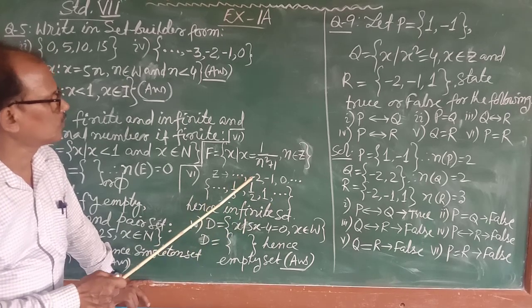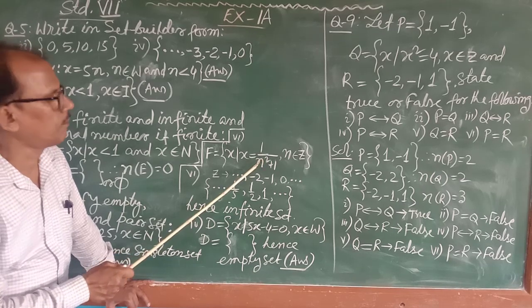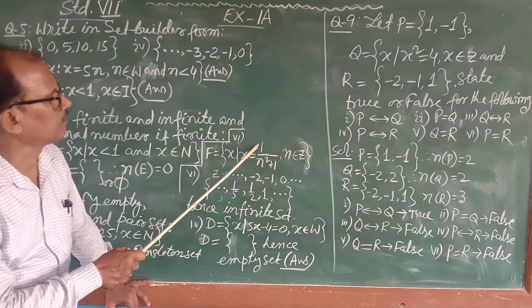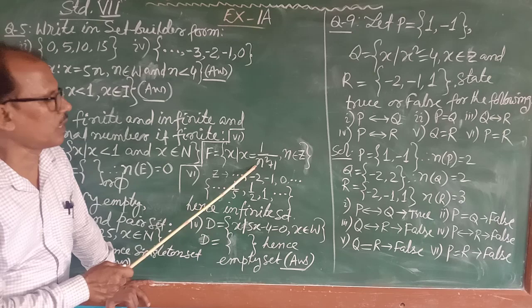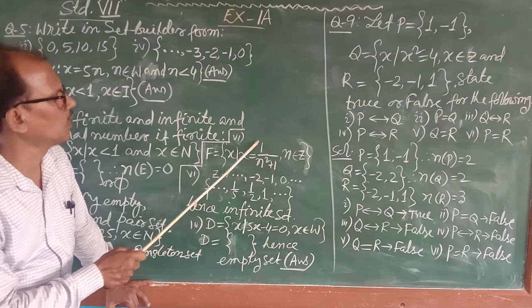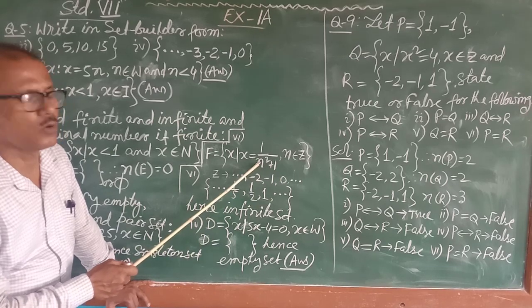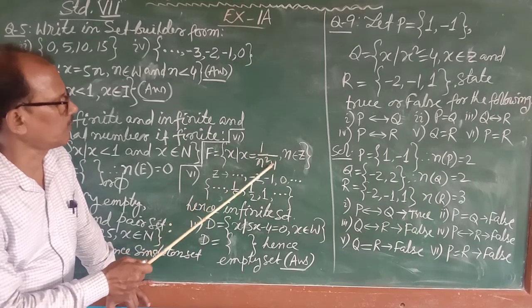If you put minus 2, minus 2 square is 4, minus 2 into minus 2 is 4, 4 plus 1 is 5. So the denominator will be 5 and the numerator will be 1, so 1 by 5. You put minus 1, square is 1, plus 1 is 2, 1 by 2. Next value, if you put 0, 0 square is 0, plus 1 is 1, so 1 by 1 is 1.